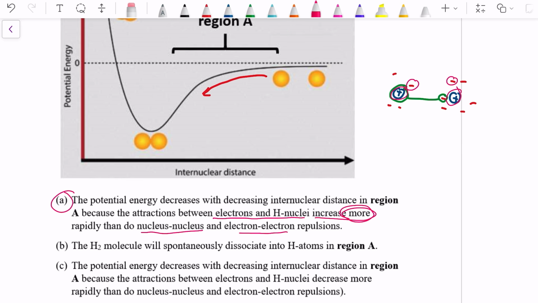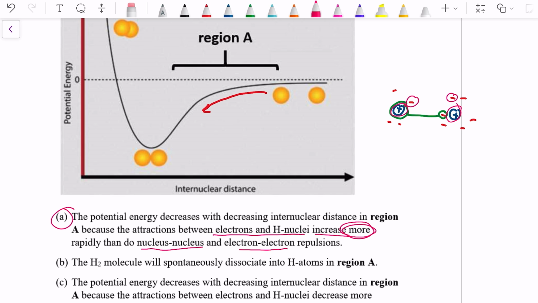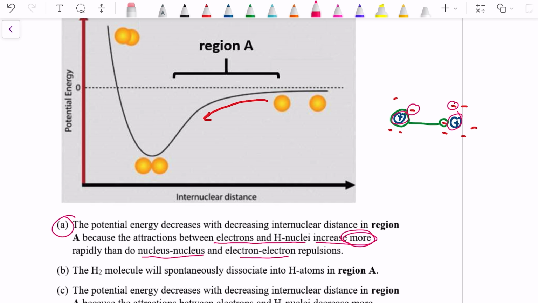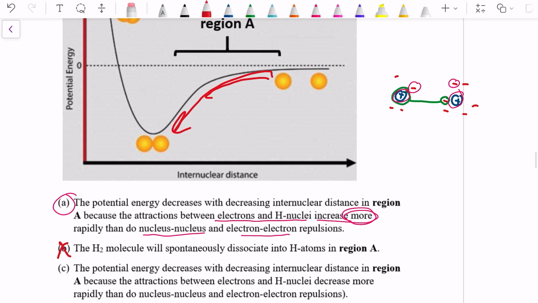B, a diatomic hydrogen molecule will spontaneously dissociate into hydrogen atoms in region A. That's not true. We're going to form the diatomic hydrogen. C looks similar to A, but they're saying the opposite, which is that the attraction forces between electrons and hydrogen nuclei decrease more rapidly than do nucleus-nucleus and electron-electron repulsions.